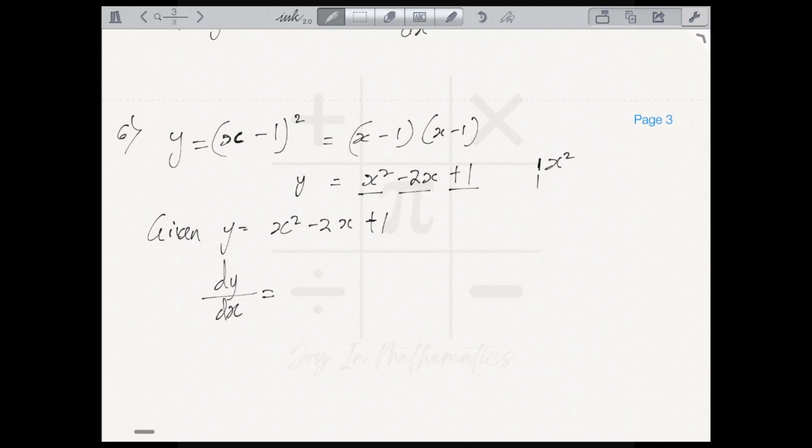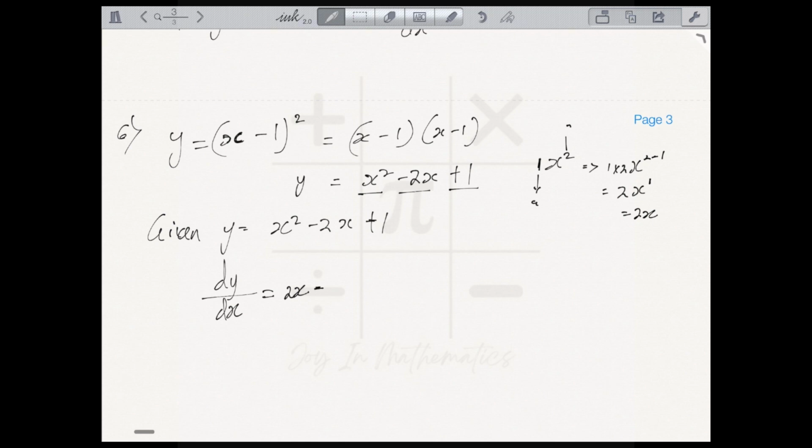So 1 is a and 2 is n. This will give us 1 times 2 times x raised to power 2 minus 1. And this will give us 2x raised to power 1, that is 2x. So when we differentiate x squared, we have 2x.